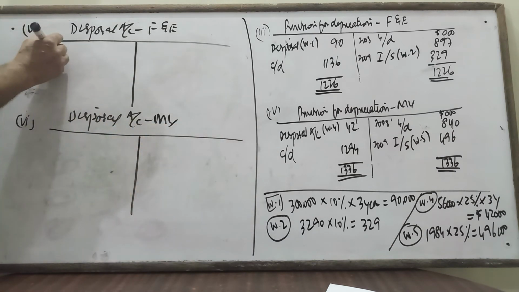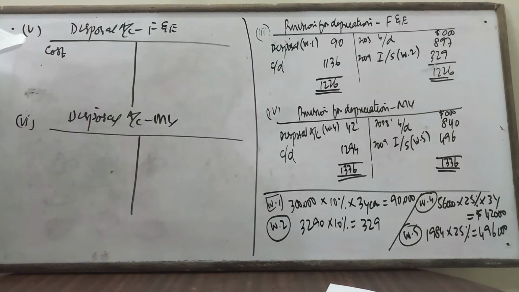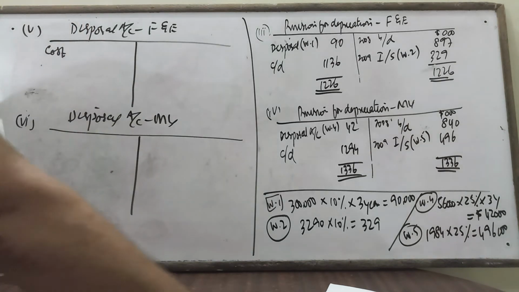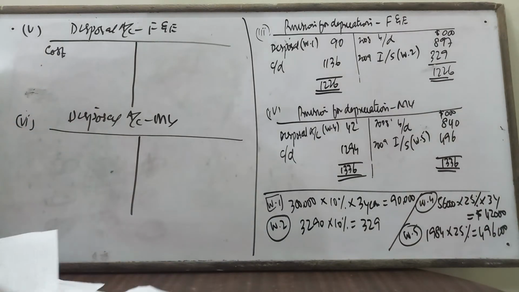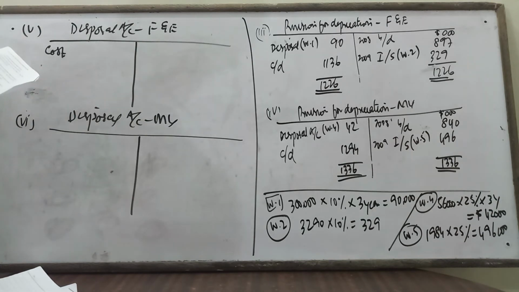So for the furniture and equipment sold, the cost, which was given on the question paper, let me check it, is 300,000, I guess, right? Let me check it.